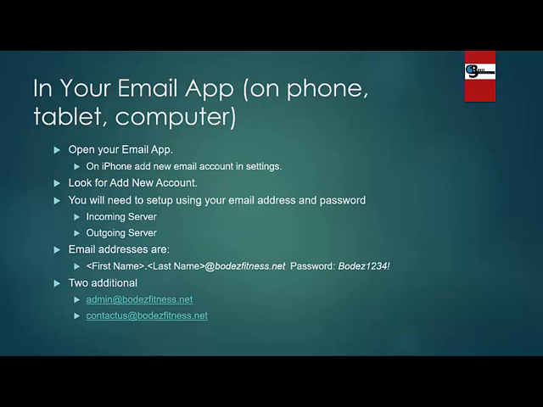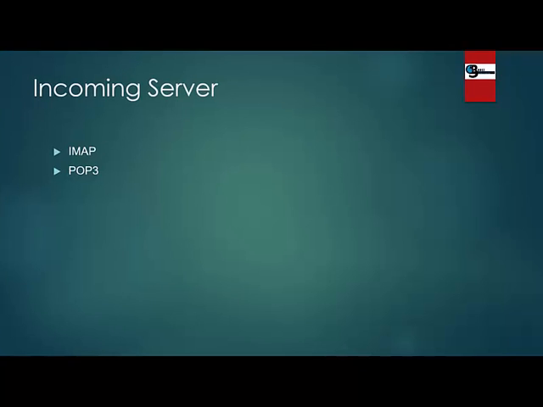Now, again, if you enter your email address and password and it doesn't go out and find our servers, then what you're going to need to do is set up manually your incoming server and your outgoing server. So let's look first at the incoming server. The incoming server will use one of two protocols, IMAP or POP3.